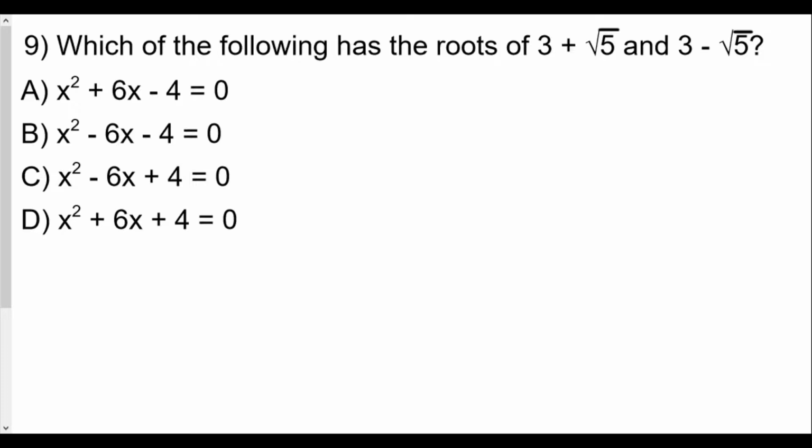Which of the following has the roots of 3 plus square root of 5 and 3 minus square root of 5? Well, here we are going to use the sum and product of the roots.